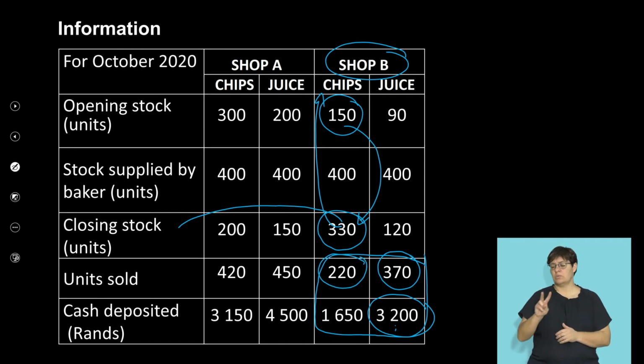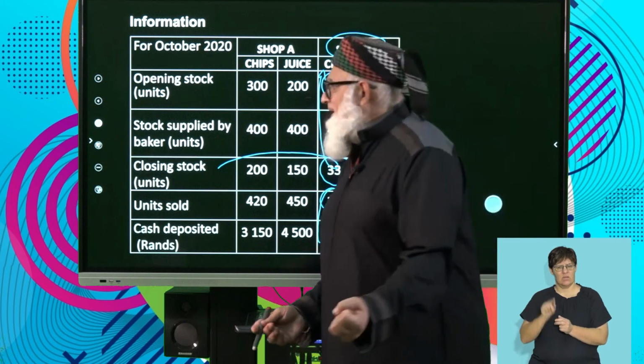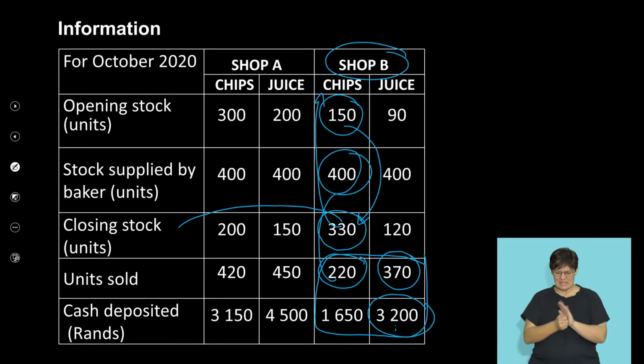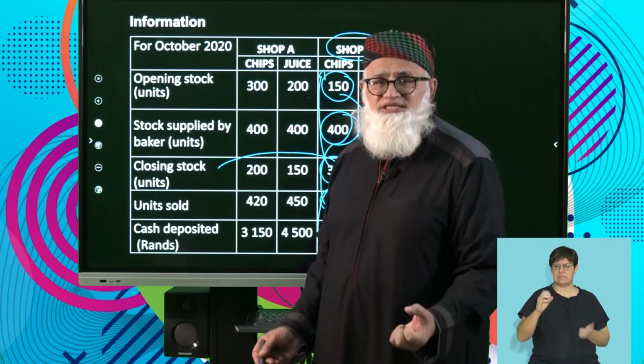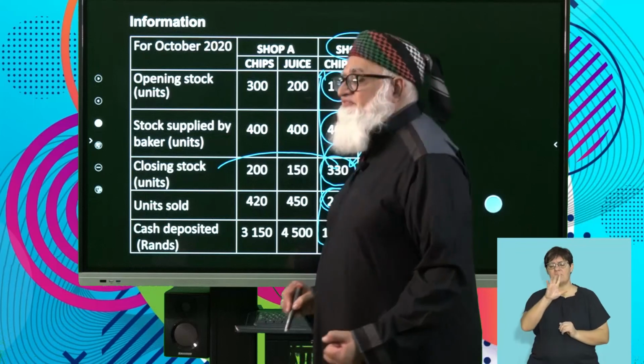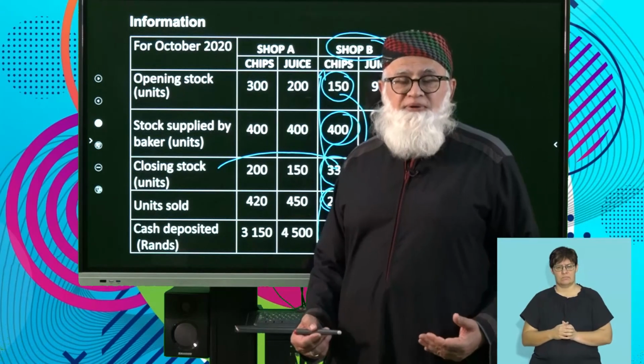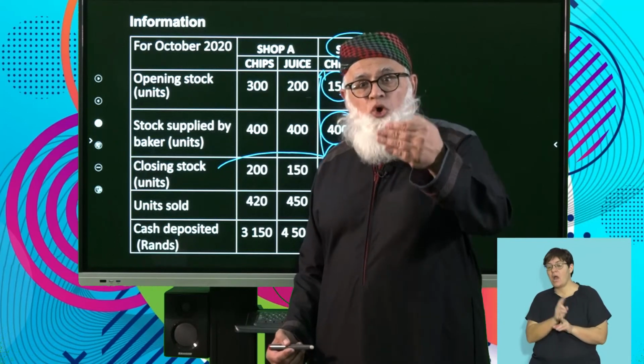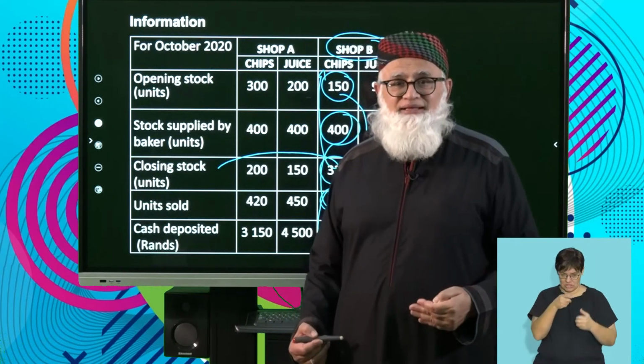If you are selling 220 units, does it make sense to order 400? Certainly not. You're only selling 220. You had 150 at the beginning of the period, meaning that you must monitor and order appropriately.